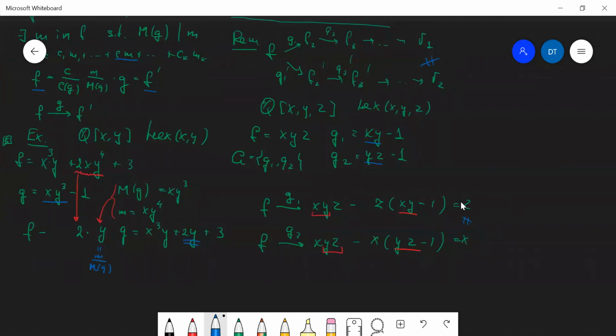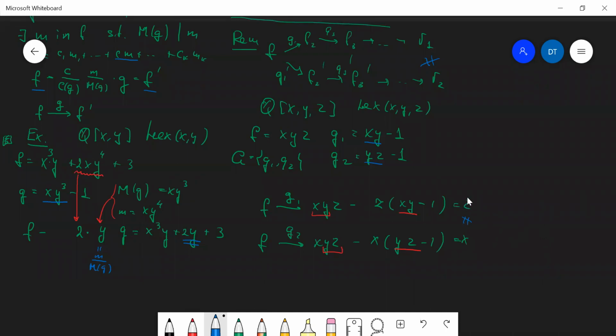In general, we may need to repeat the process. If z were reducible with respect to g1 or g2, we would proceed further, and after a finite number of steps, we will get a remainder.